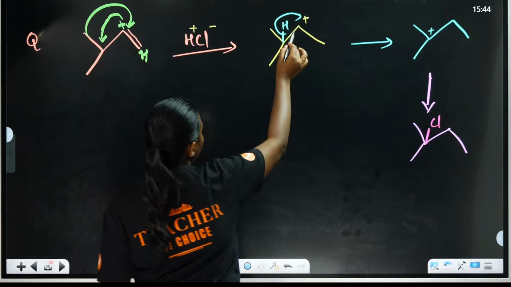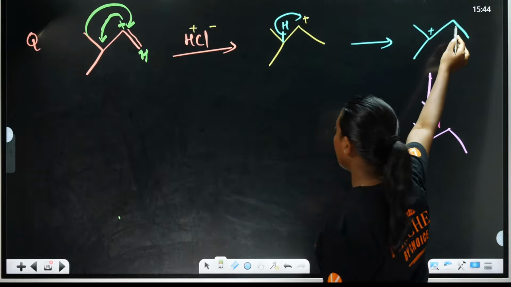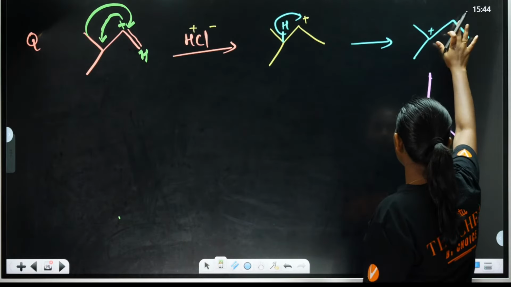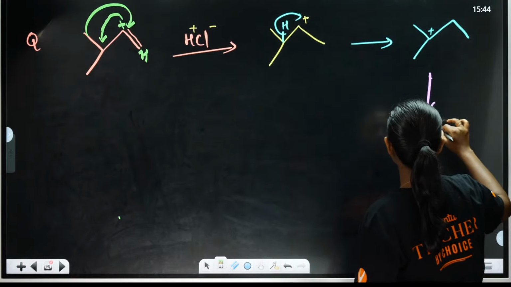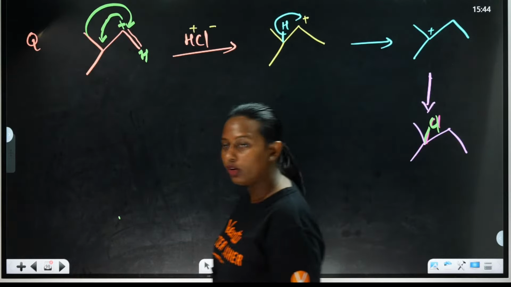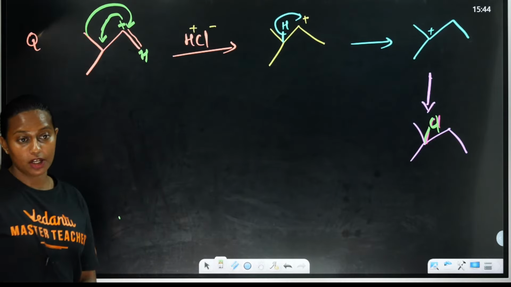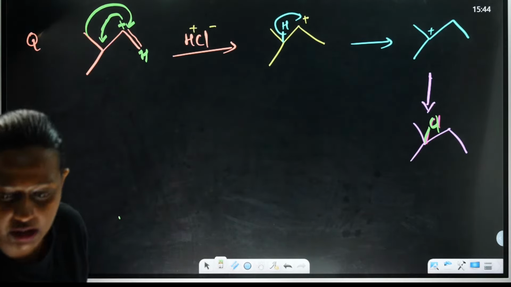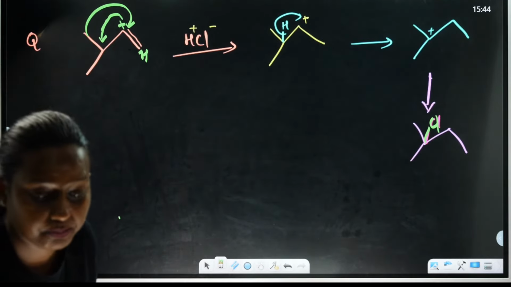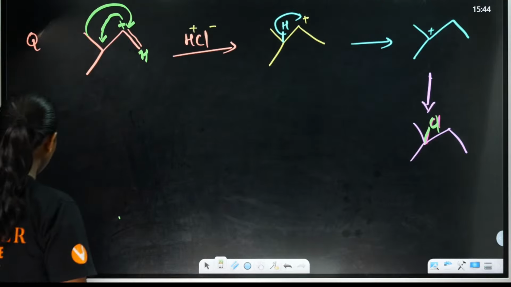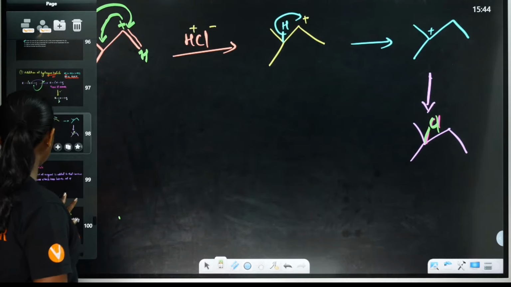The positive charge will go this side and hydrogen will go this side. Then chlorine will attach this side because of rearrangement. Then we can move to the next question.